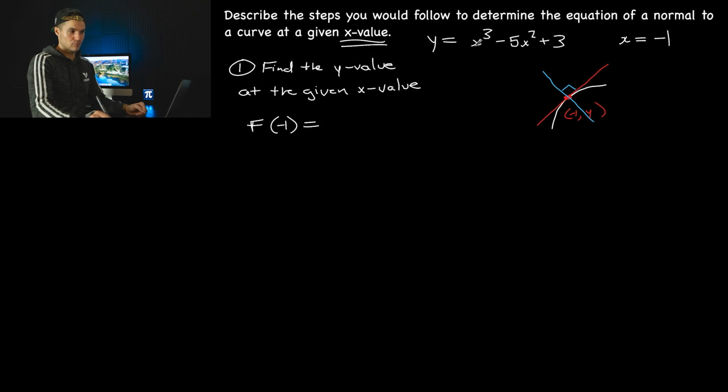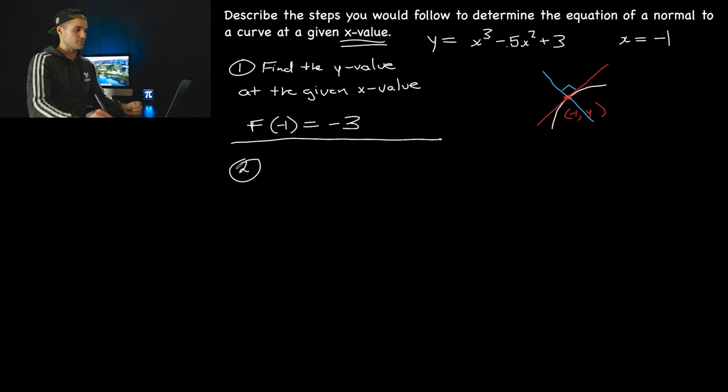If I plug in -1, -1 to the power 3 is -1, minus 5 times -1 squared would be +1, so that'd be -6, plus 3. That would give us -3. So this whole point here is -1 and -3. That would be step one.